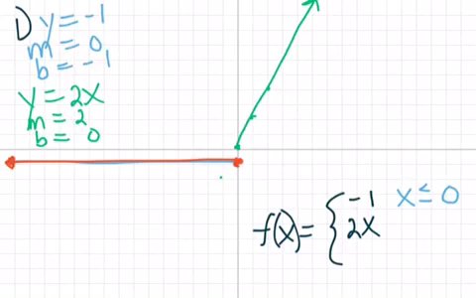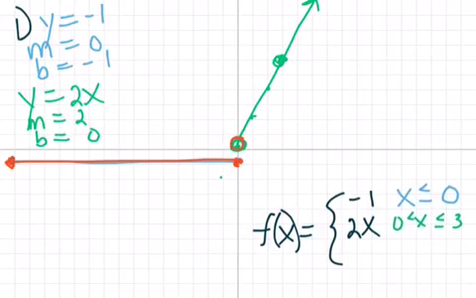But it tells us to only use the part between 0 and 3. So here, where x equals 0 would be an open circle, and x equals 3 right here, so that's a closed circle, and that's the part of the graph that we want.